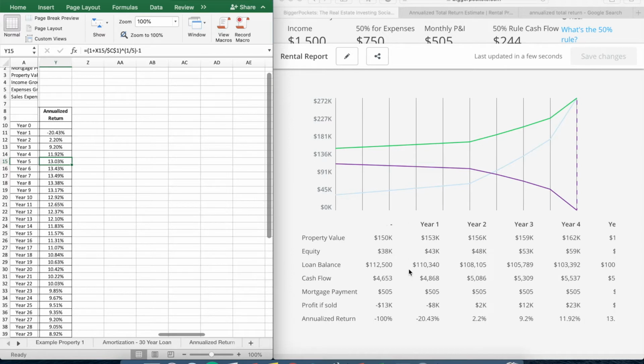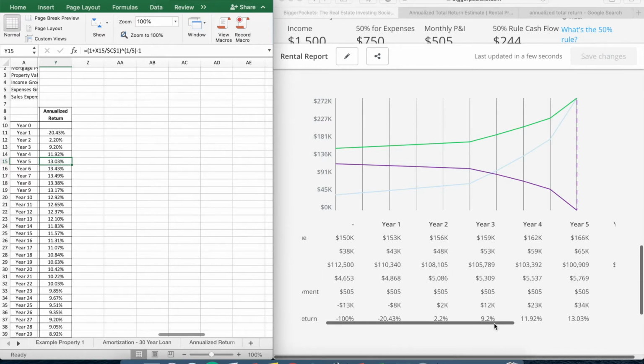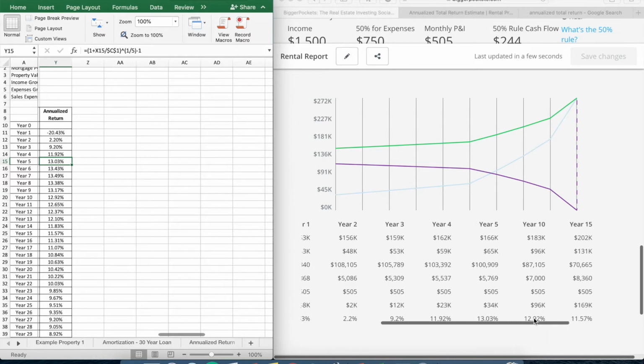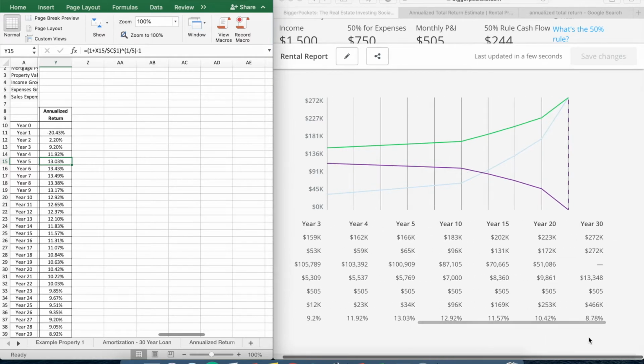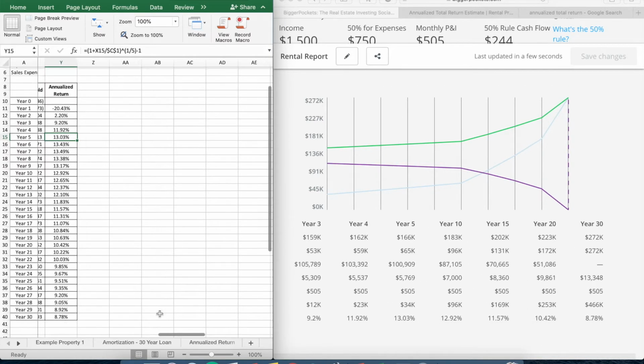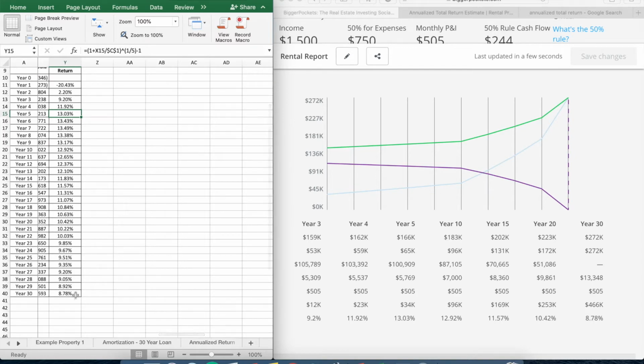I don't think that really makes any sense, but starting at year 1, you have negative 20.43, negative 20.43, and again, all the values you can see match. All the way up to year 30, they have 8.78%, and I also have 8.78%. So hopefully by going through these 2 brief examples, you can see how I was able to get the same values that the BiggerPockets Rental Property Calculator gets.